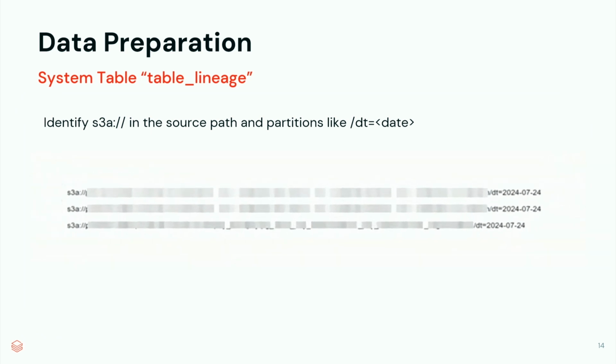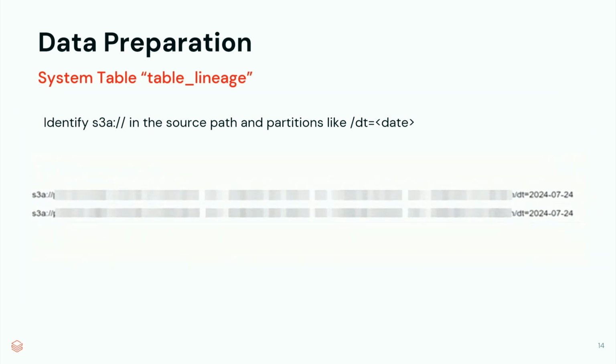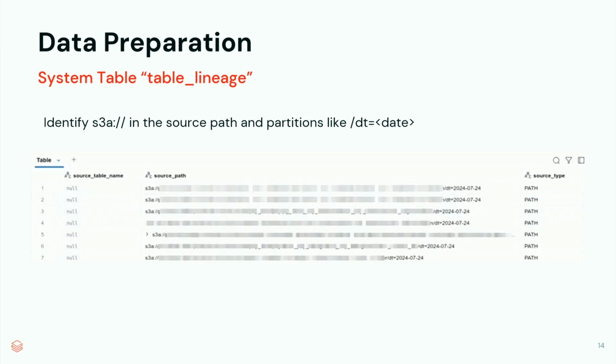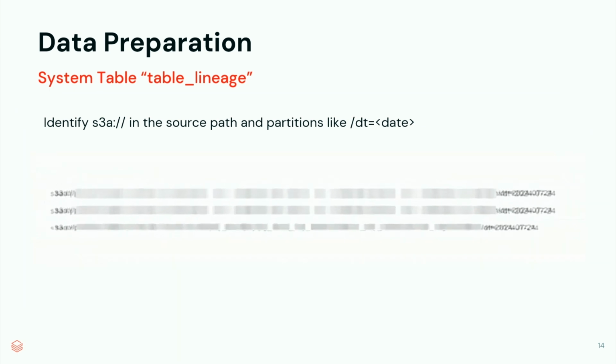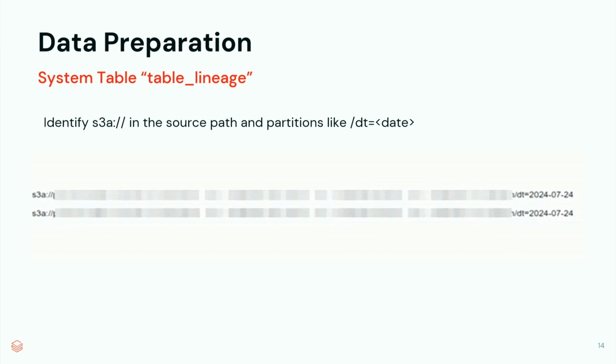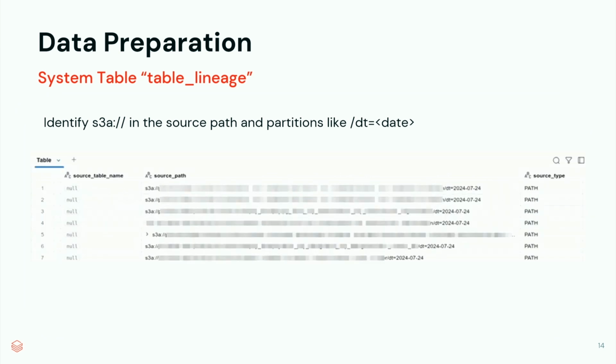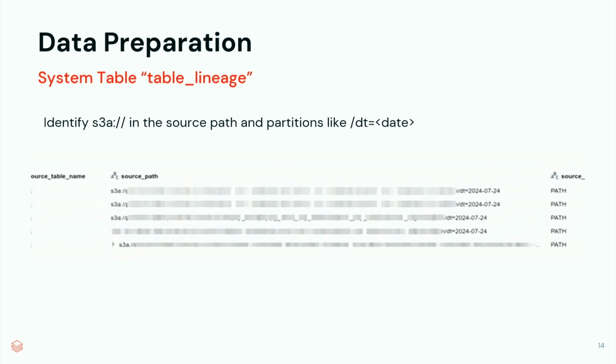So at first, to normalize and simplify the table lineage ingestion, we need to identify some dirty data that we can have in this table.